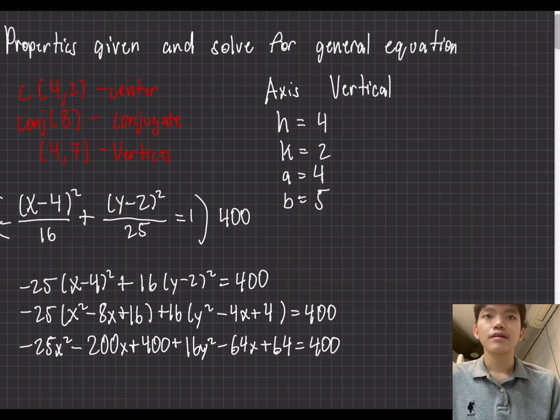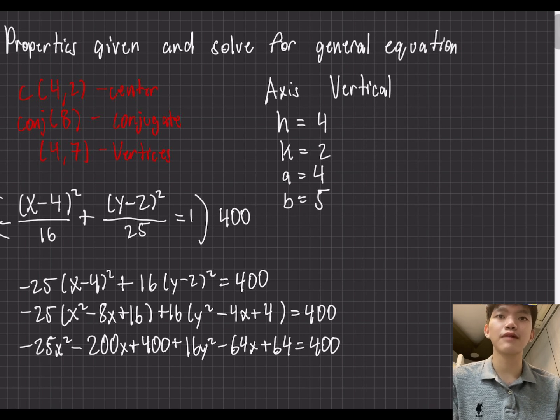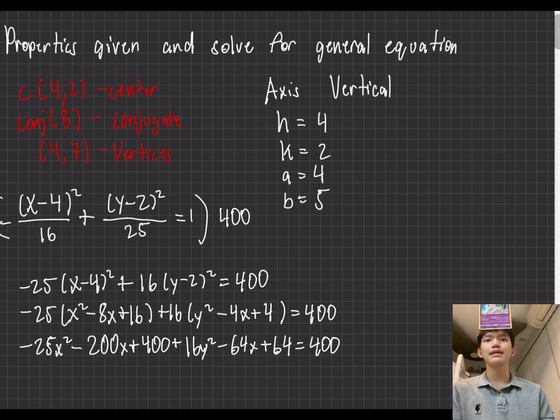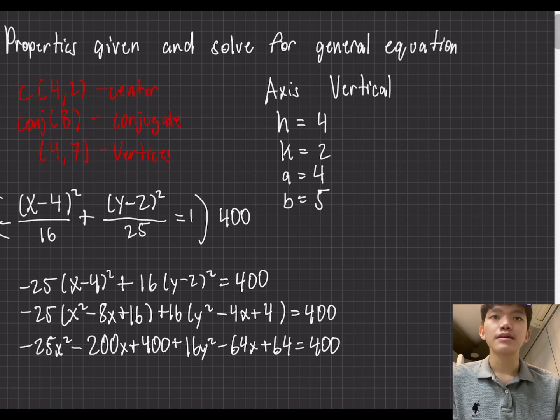And next is for positive 16. Positive 16 times y squared is positive 16y squared. And positive 16 times negative 4y will be negative 64y. And positive 16 times 4 will be positive 64 is equals to 400.